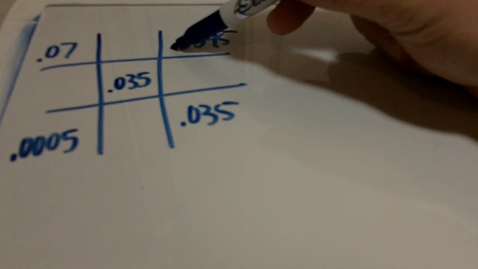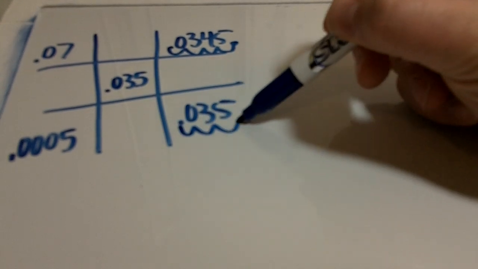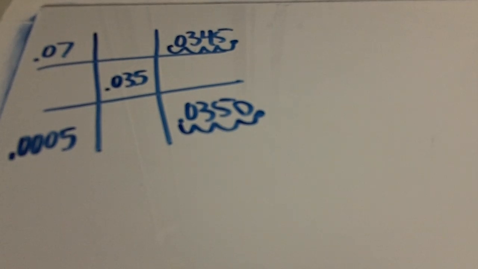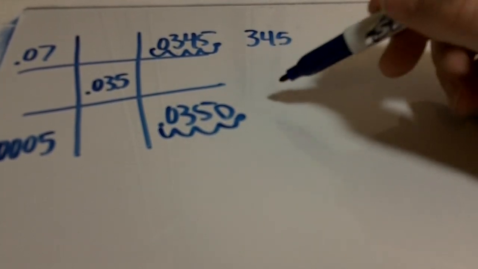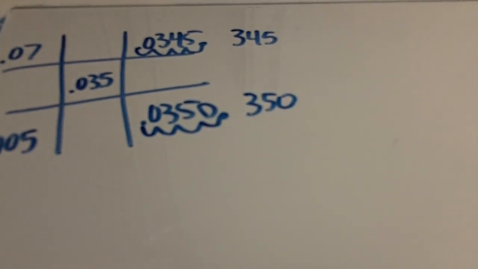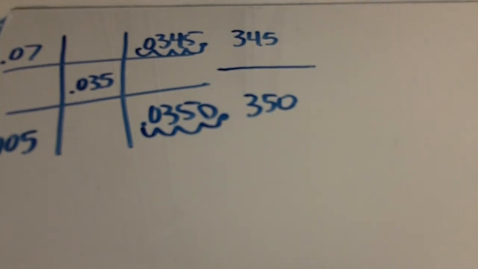So let's move it over 4 places: 1, 2, 3, 4. And we'll do it down here as well because we have to: 1, 2, 3, 4. We have to put a 0 there to make that work, right? So now what we have is 345 parts here and 350 parts here. Let's draw a line down the center of that just so we keep it straight.